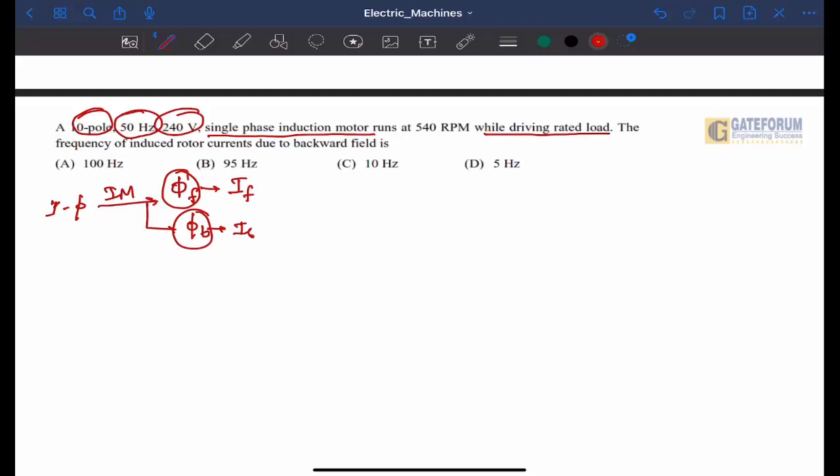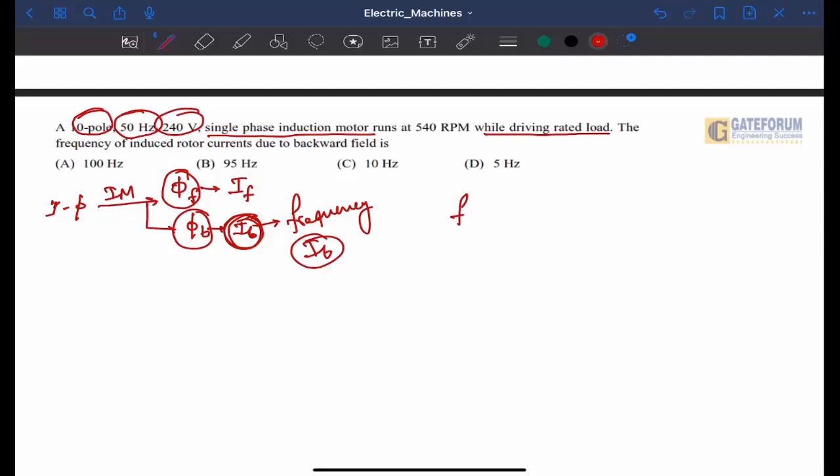So in these questions, since the GATE authority has asked about the frequency of induced rotor current due to the backward field, we have to find the frequency of the IB current, that means the backward current.